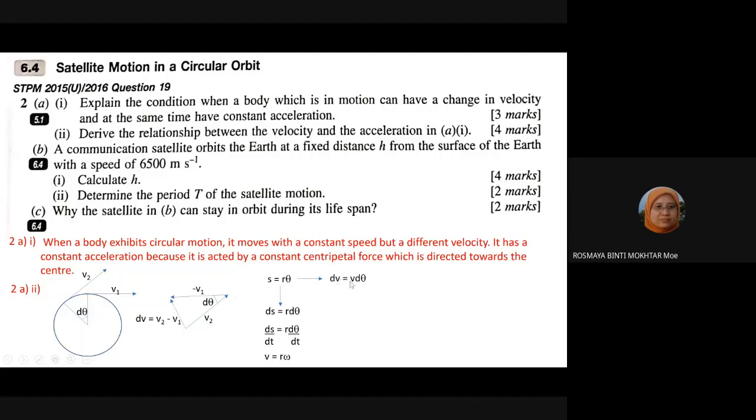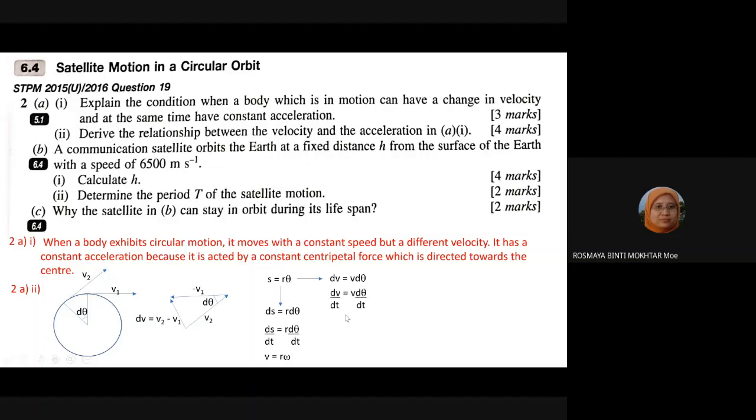Therefore dv equals r, which becomes v because the length of the vector represented here is v. V1 equals v2, so we use v because they are the same speed. So dv equals v d theta. Here dv equals v d theta. So we use s equals r theta for the vector diagram here.